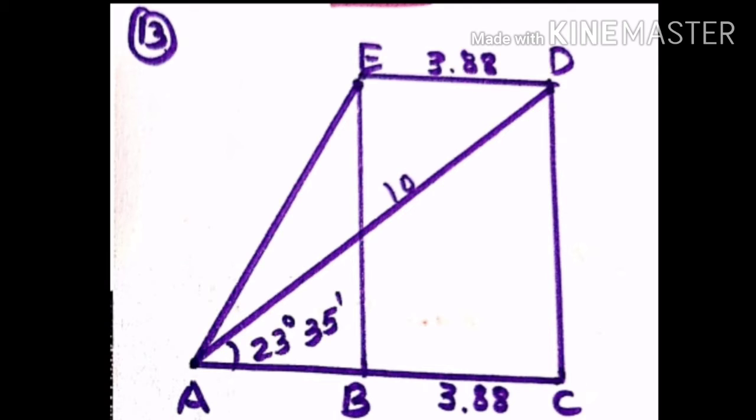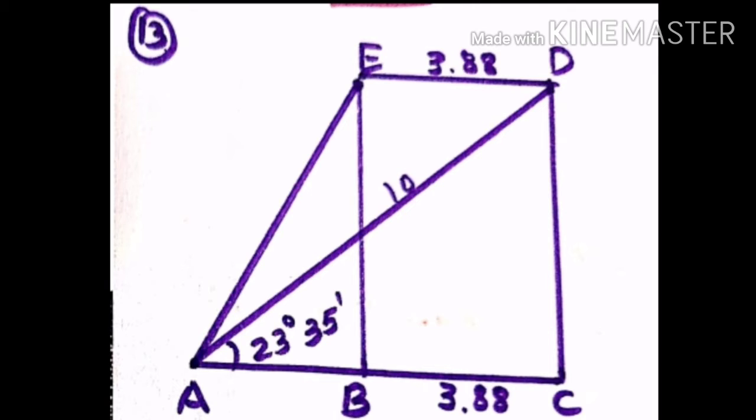As you can see in the figure, I have written angle DAC. Now we want to calculate without using Pythagoras theorem. Here students, you have to see the instructions given in the question. It is written, don't use Pythagoras theorem. The length of CD. So we can use our trigonometrical ratios to get our values.